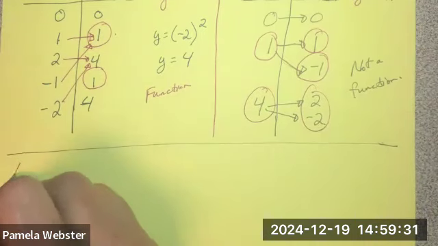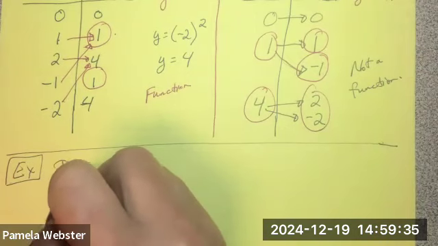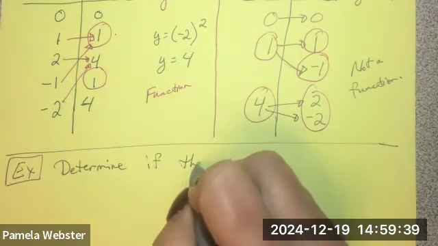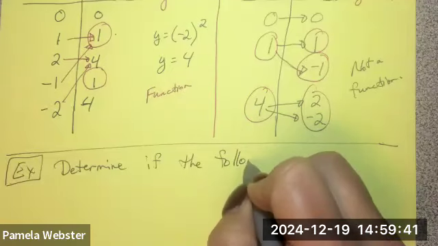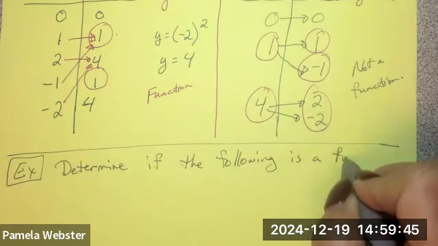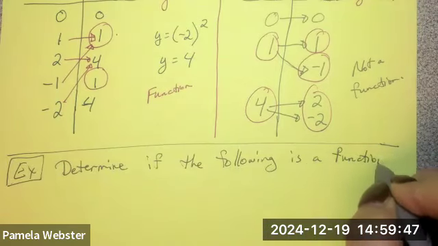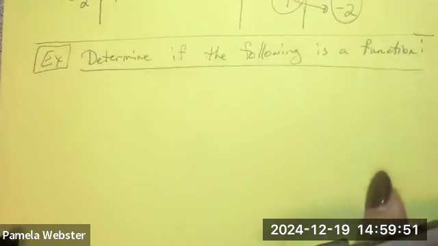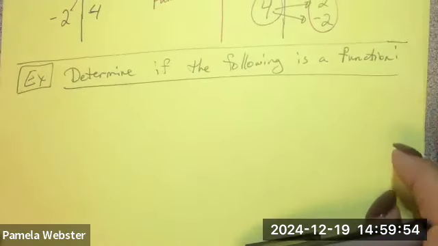So we need to have a couple of examples, and they're going to be something like: determine if the following is a function. We're not always going to have just a list of numbers like what we just did, so we've got to find some ways to deal with that.